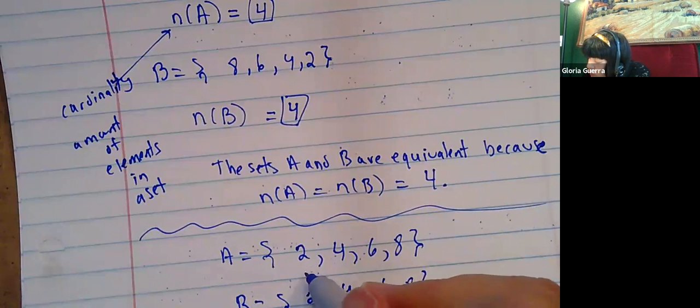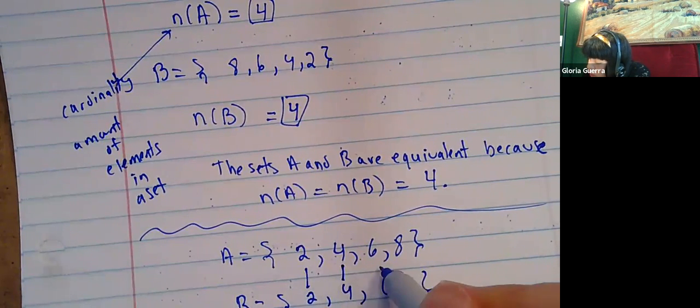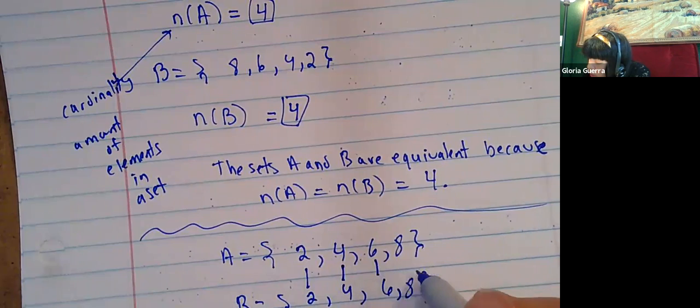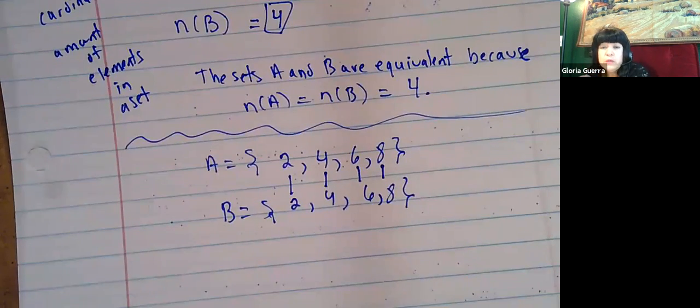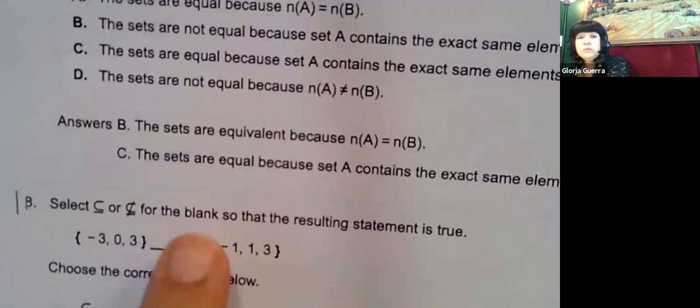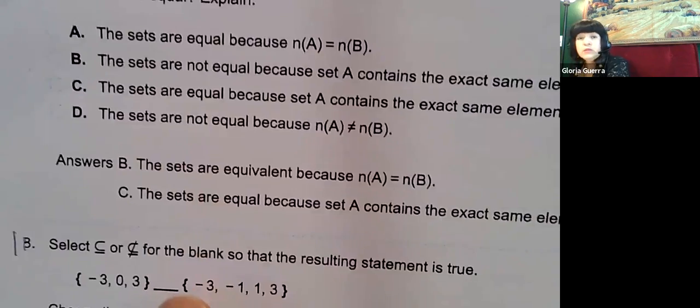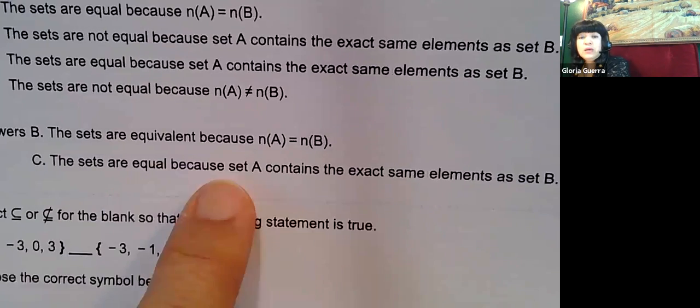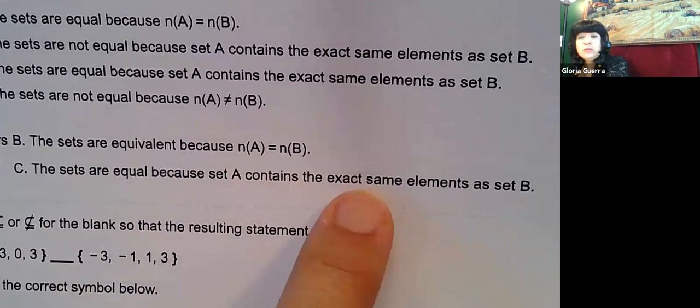And then look, I can do this one to one. See this one-to-one arrangement there? That's precisely, exactly the same. So we're going to say A and B, these sets are equal because they have the same exact elements. And you can see in the write-up, that's what they say. The sets are equal because set A contains the same elements as set B.